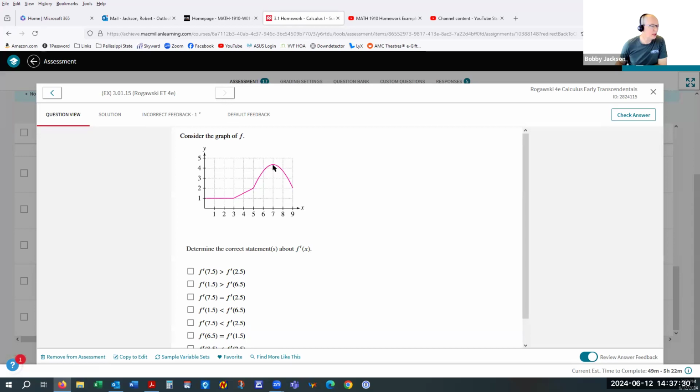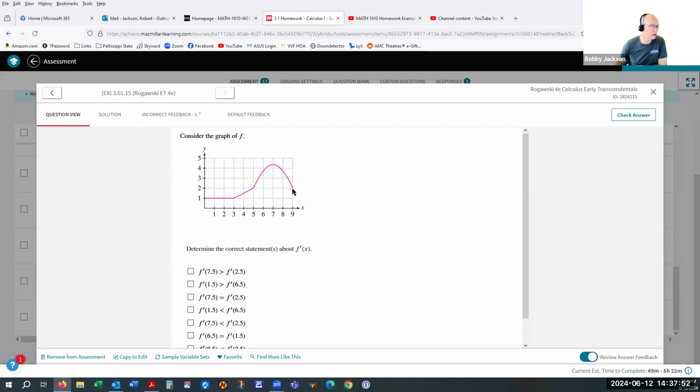By the time we get to x equals 7, the tangent line would be horizontal. Therefore, the derivative right at 7 is going to be 0. After 7, between 7 and 9, the tangent line will be a decreasing line, and therefore the slope is going to be negative. So it starts out at 0, becomes negative, and gets more negative as we move from left to right.